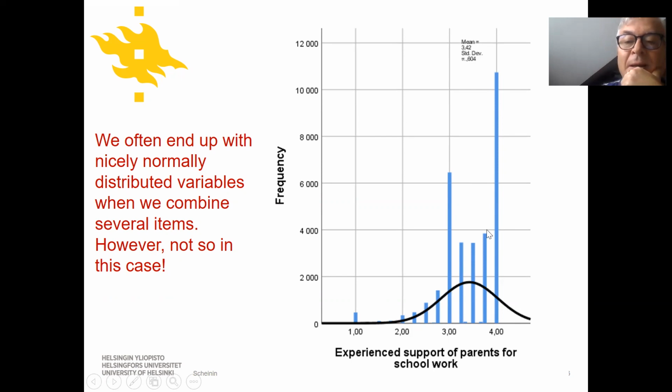So it's a very skewed distribution with 2 peaks, not really nice from the perspective of continued analysis, but with a very high reliability. So you can't win them all.